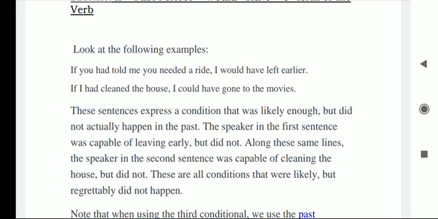If I had cleaned the house, I would have gone to the movies.